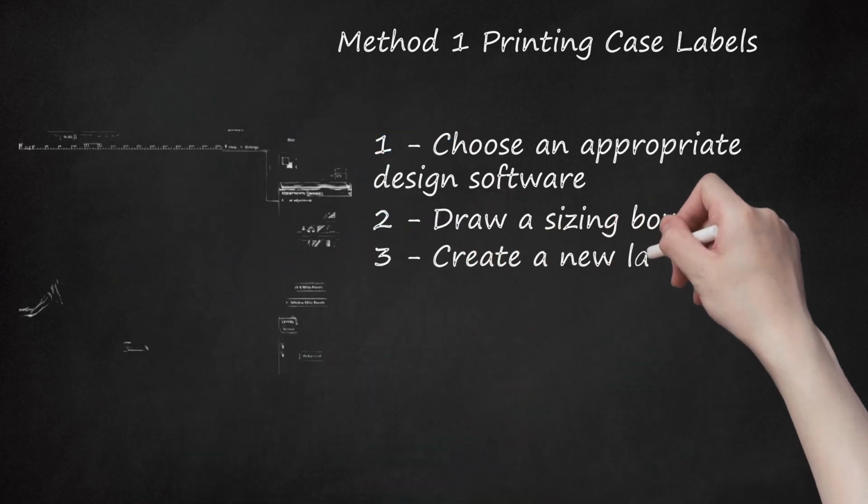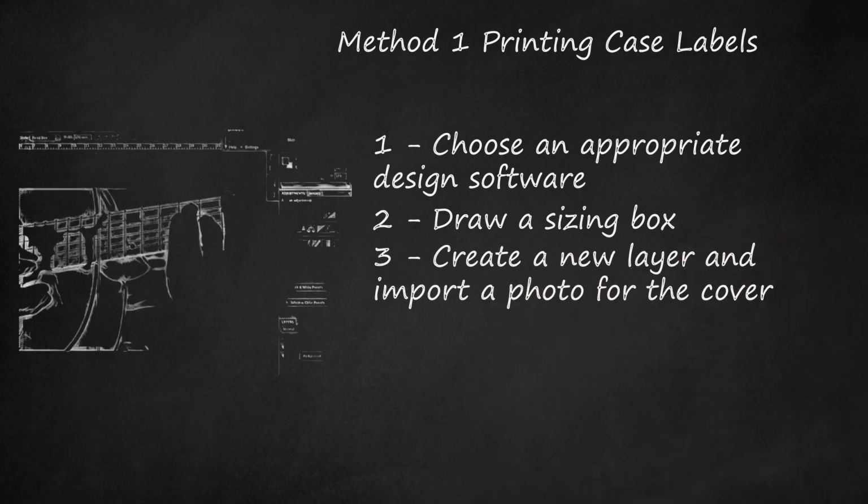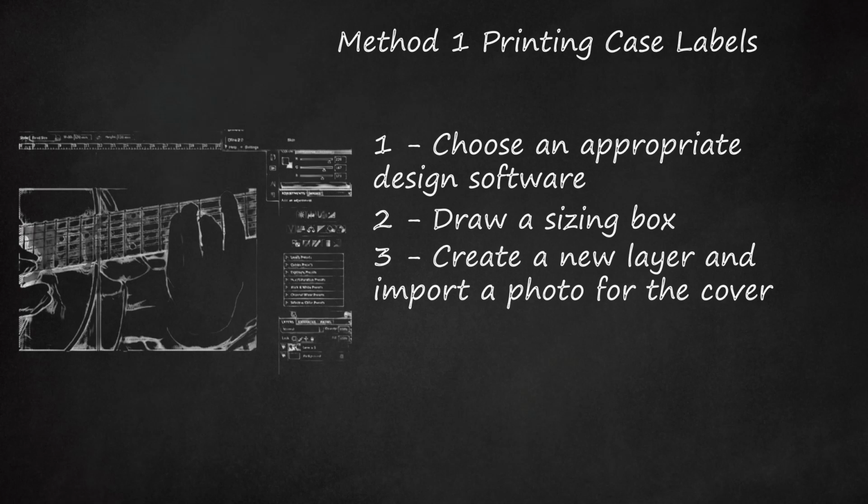3. Create a new layer and import a photo for the cover. This tutorial will assume you're using an Illustrator-like program, but you should defer to the specific design software you're using. In general, though, you want to create a new layer on top of the base layer, then select an appropriate image for the cover.